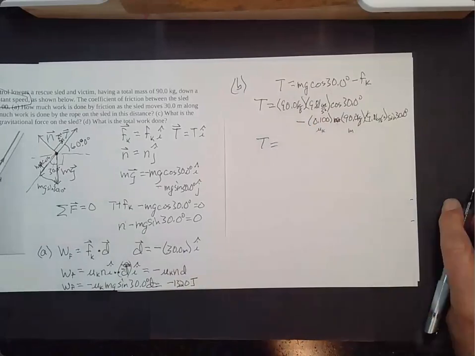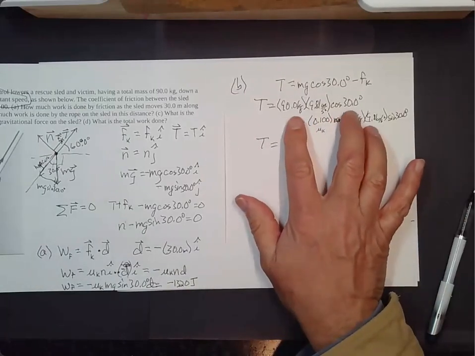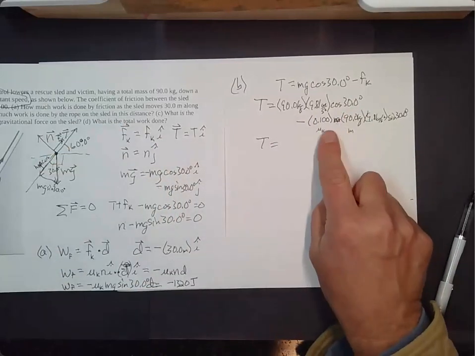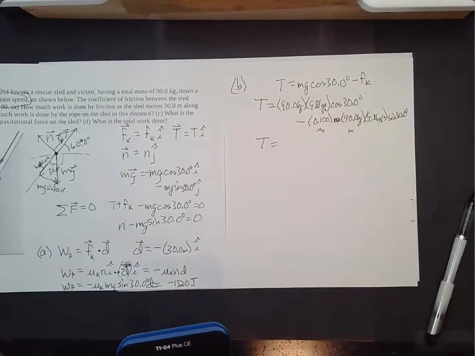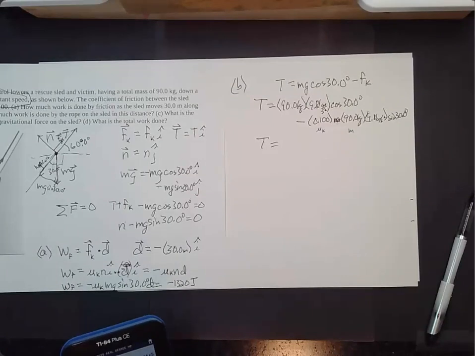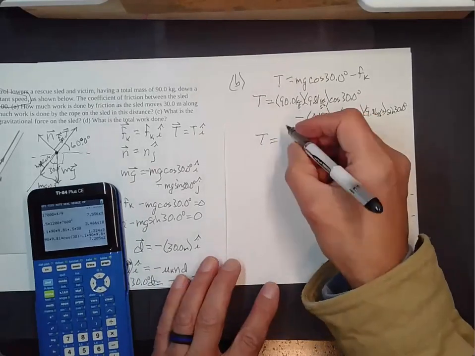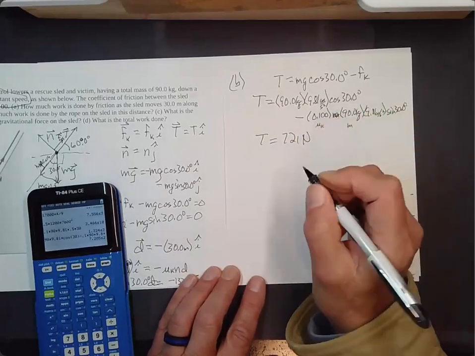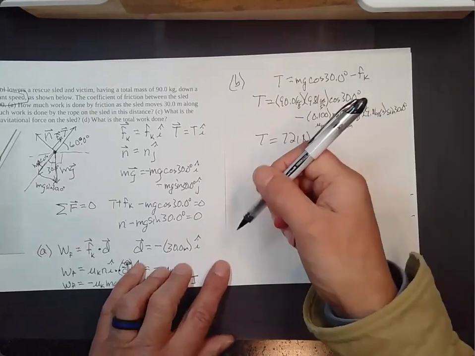And so the tension isn't the full part of the weight of the person that points down the hill, because the friction is actually helping to slow down that descent a little bit. So, and I get about 721 newtons.